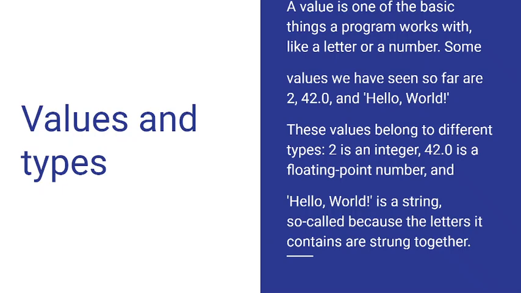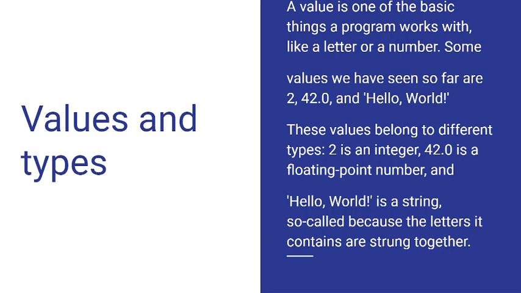So values, like the numbers we have seen so far. For instance, we have 2, let's say 42.0, and then we have the word yellow in quotation marks.